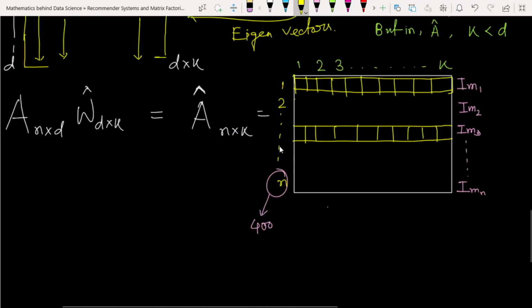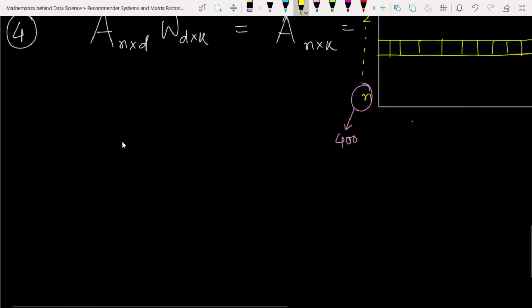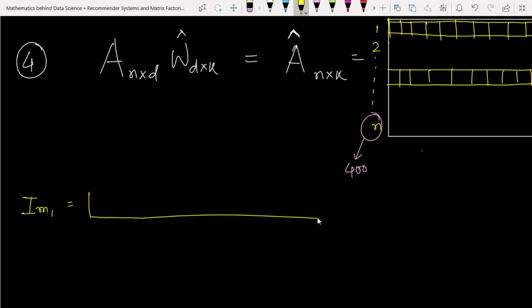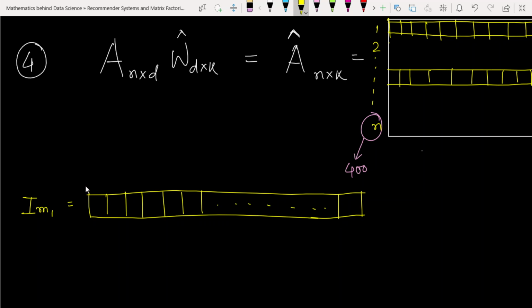If you consider image 1, the dimensions here will be 1, 2, 3, 4, 5, 6, up to k.